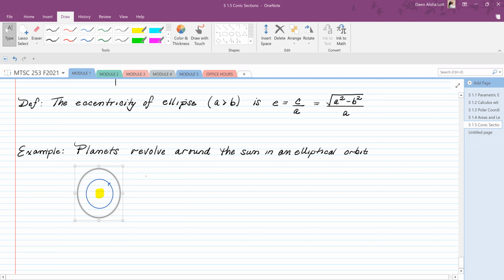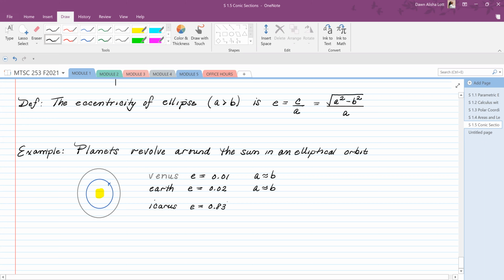Okay, so Venus has an eccentricity of 0.01, almost a perfect circle, because A is almost equal to B. And then the Earth, its eccentricity is 0.02. Again, A is very close to B. But Icarus, which is a planet, has eccentricity equal to 0.83.